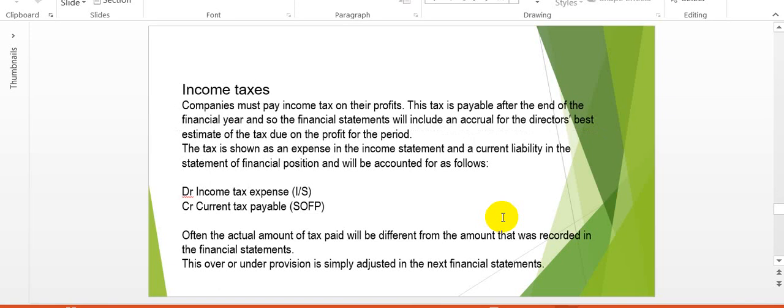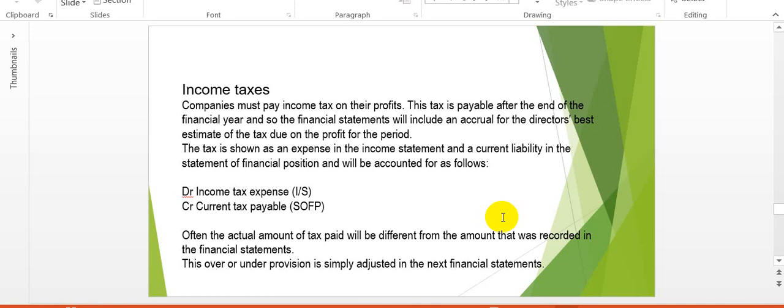The last thing to be subtracted in the income statement is income tax. When you're a company, you must pay tax on the profits that you make. The tax is payable after the end of the financial year.